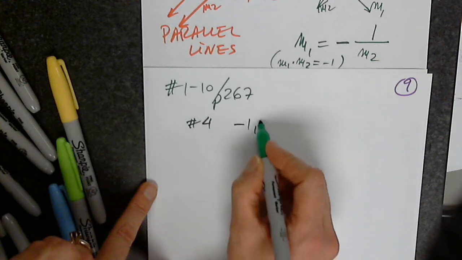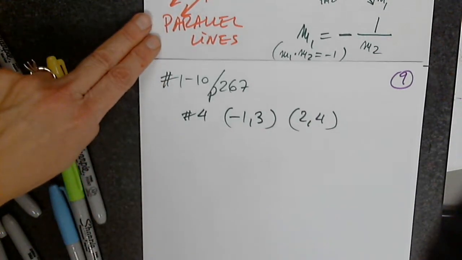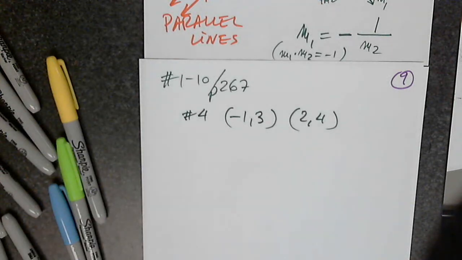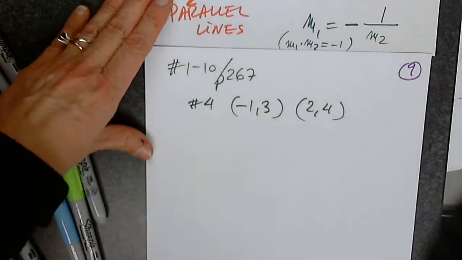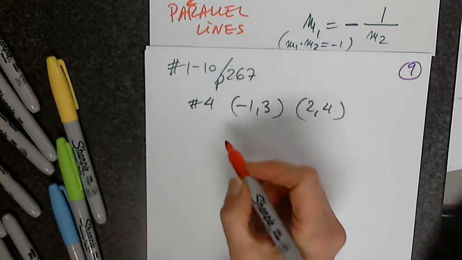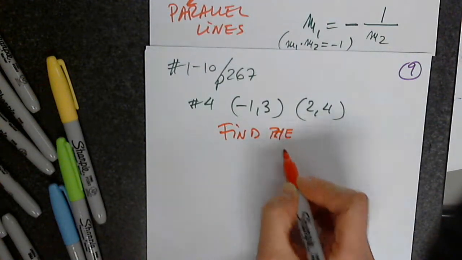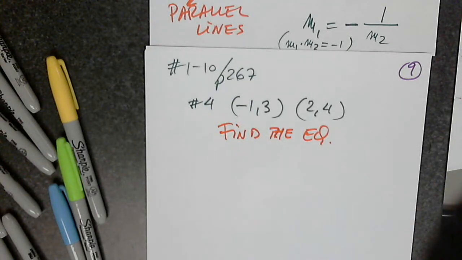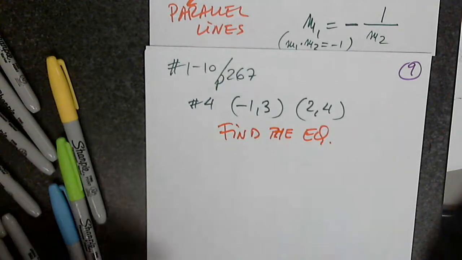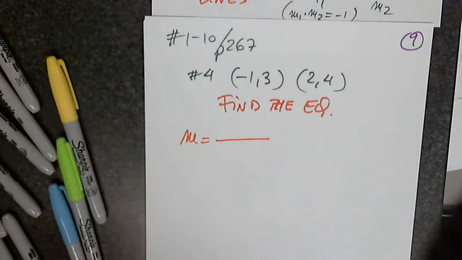I have -1, 3 and 2, 4. We're asked to determine the equation of the line passing through these points. Find the equation. How do I start? What do I have to do first? Very good. Awesome. Can anyone dictate the slope? Please always label.